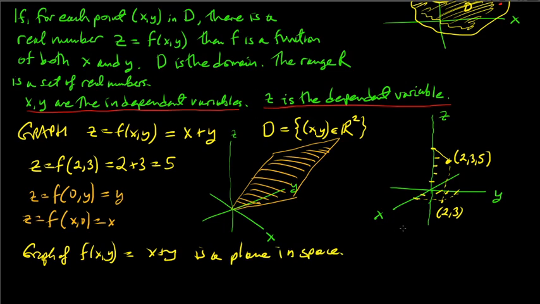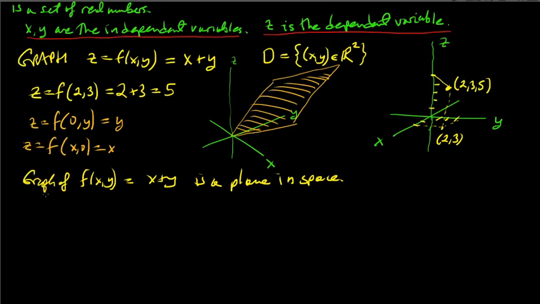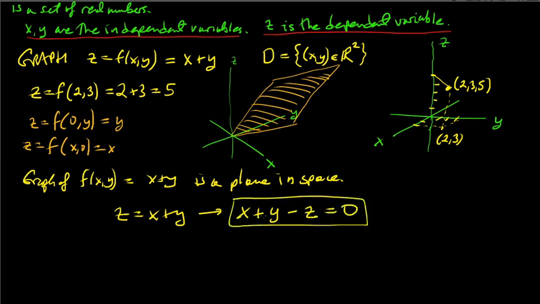And in fact, we talked about that in chapter 11. Z equals x plus y. If you subtract z from both sides, you get the equation in standard form, x plus y minus z equals 0. So that's the standard form of the equation. A is 1, B is 1, and C is negative 1.